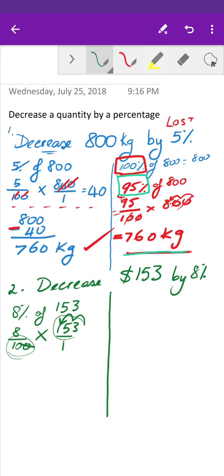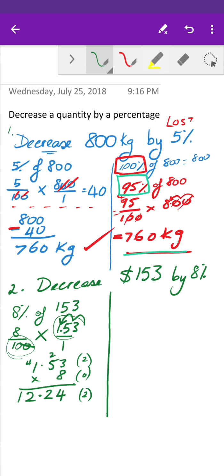Then 1.53 times 8: 8 3s are 24, 8 5s are 40 and 2, and 8 1s are 8 and 4 is 12. There are 2 decimal places in one number and none in the other, therefore we need 2 decimal places.